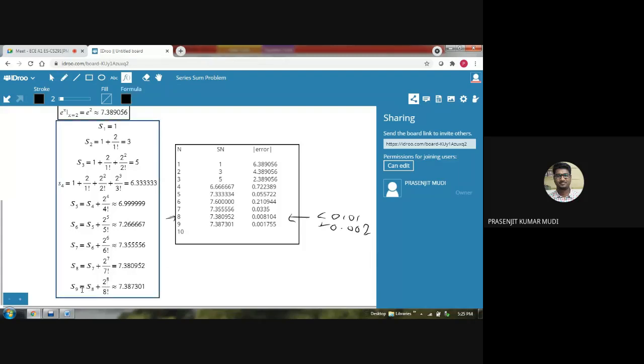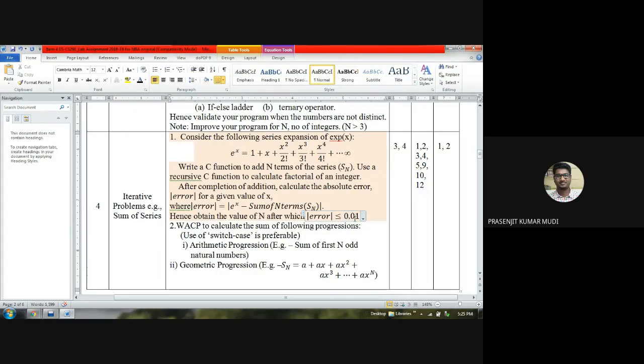If we consider S10, we will see an error which is less than 0.002, because after 1 we have 7, and if you round up it will be 0.002. So if you take another term, n will be 10 minimum, so that the allowed error is less than the threshold. So the value of n depends on the error set by the user, the threshold error.